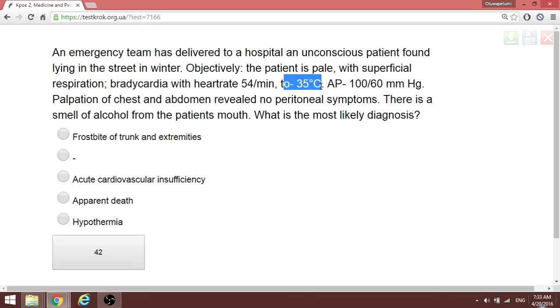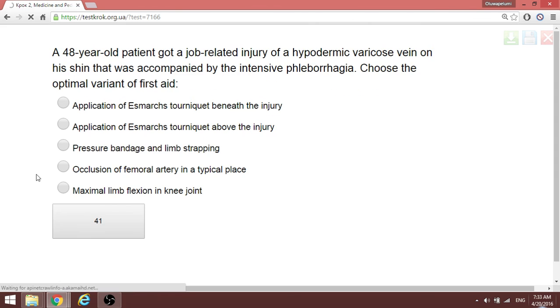Hypothermia is a condition whereby the body is losing more heat than it's producing, and usually it's diagnosed when the temperature is 35 degrees or less. And this is typically what we have here. If it is frostbite of trunk and extremities, the focus of the question is going to be on the extremities. But here we have the heart rate, low blood pressure decreasing. This is just hypothermia. Of course, when they come, they won't tell you they were drunk. They might just tell you something happened to them, so look for one story that doesn't match.